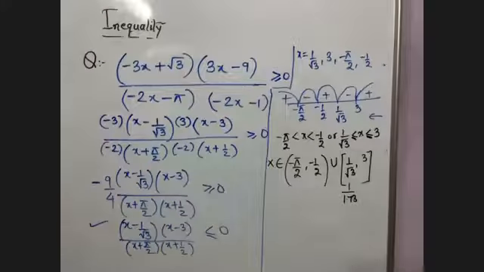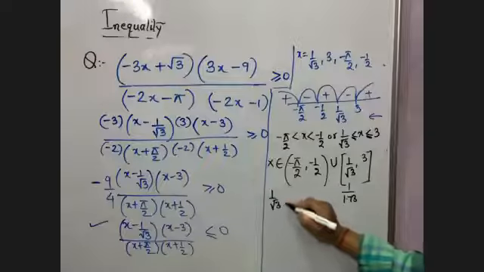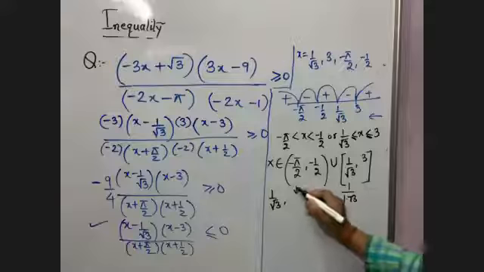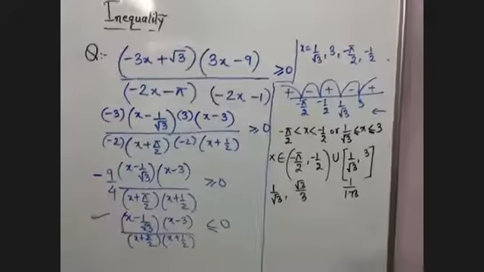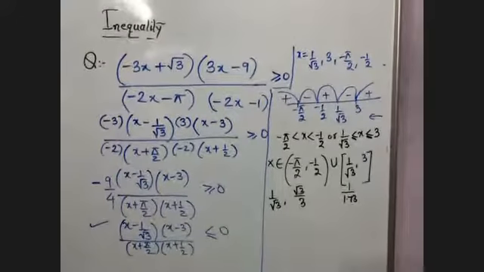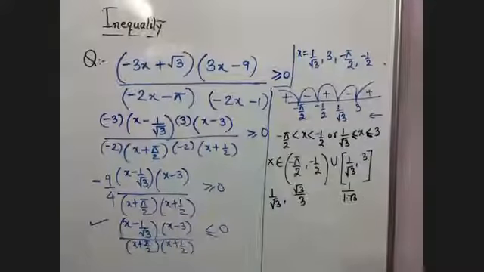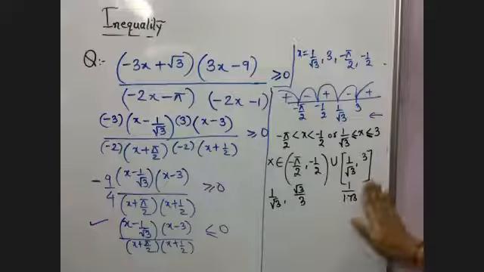One second, beta. Sir, can root 3 by 3 come in place of 1 by root 3 there? Yes beta, both are the same. Root 3 by 3 you can write, and 1 by root 3, root 3 by 3, both are the same. Both are the same things. I'll explain how to write the answer and I'll explain from the second last step. Now look at this, beta.